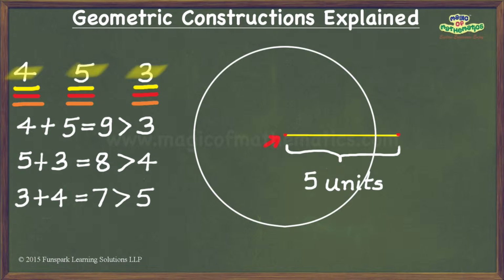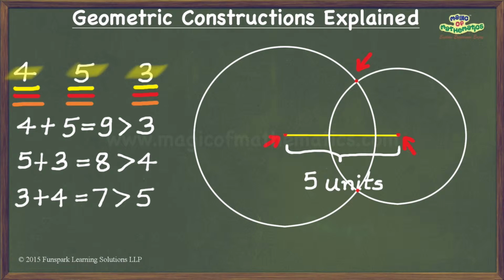I will then measure 3 units on my compass and using my other known vertex as the center, I will draw a circle. We can see that these two circles intersect at 2 points. Let us examine one of the points of intersection, say this one.